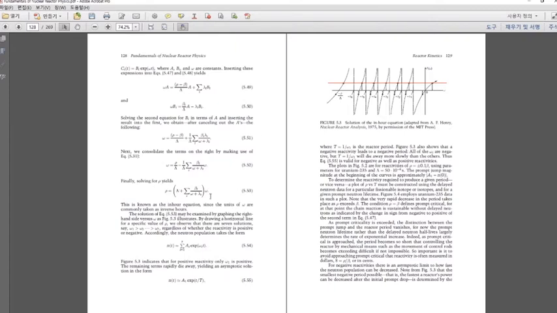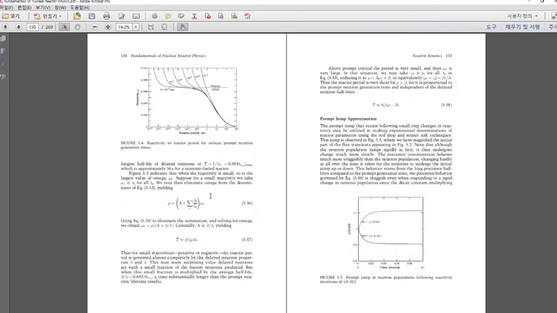So that is what we can observe in figure 5.4. In this figure, the relation between reactivity and reactor period is affected by the prompt generation time.